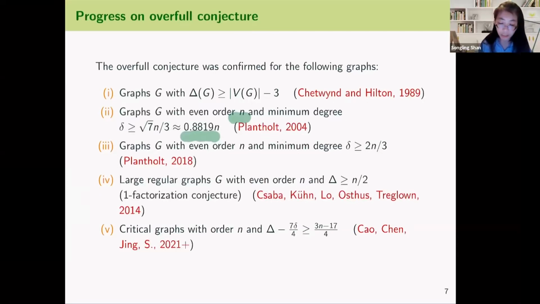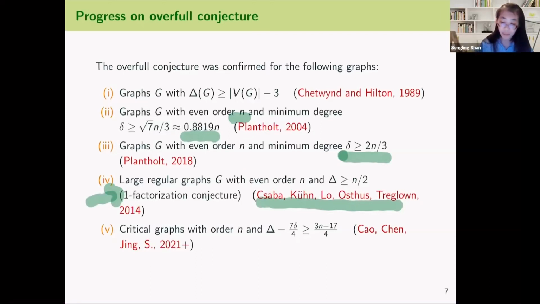And in 2018, Plantholt improved the lower bound on the minimum degree to be 2n/3 by applying the result on the one factorization conjecture. As we mentioned before, the one factorization conjecture is a special case of the overfull conjecture, and it was proved for large n by this group of mathematicians.